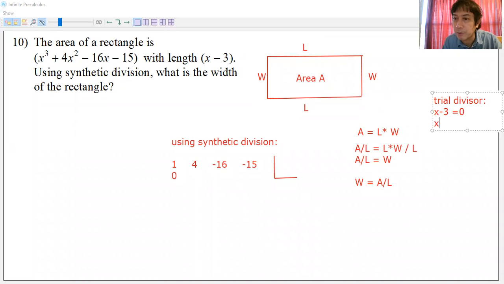Solve for x, that's a positive 3 there. So we have here a positive 3 as the trial divisor. Continue now with our synthetic division.